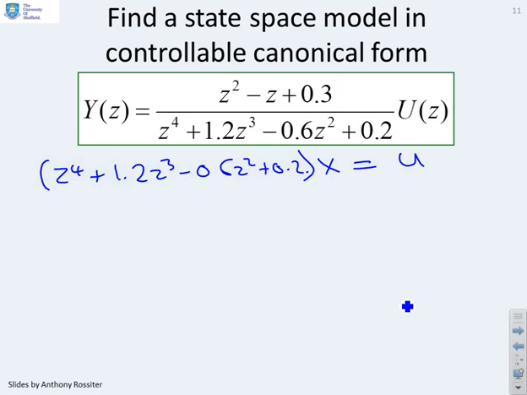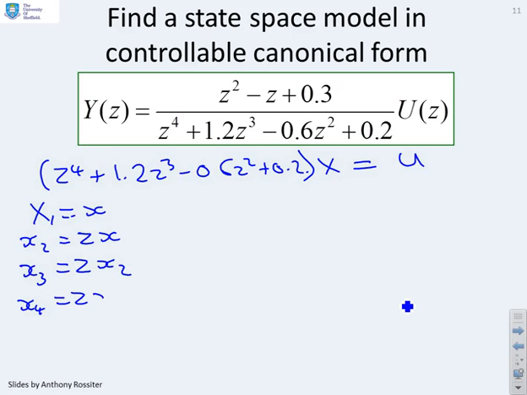So that's what I'm going to do first as my first equation, and now I'm going to define some new states. I'm going to let x1 equal x, I'm going to let x2 equal zx, x3 equal zx2, and x4 equal zx3.